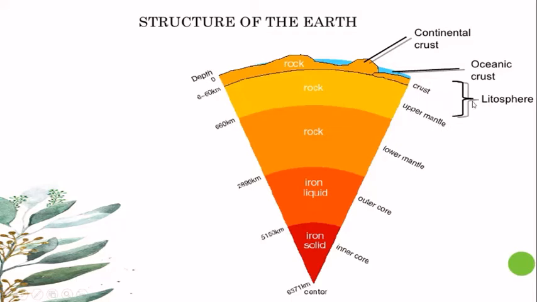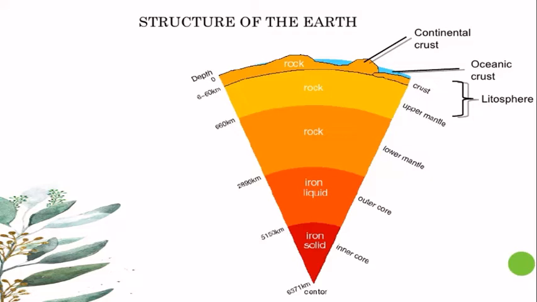The crust and the upper mantle combined are known as the lithosphere, which is rigid, and the lower semi-molten part forms the asthenosphere. Here the semi-molten part is the lower mantle portion.